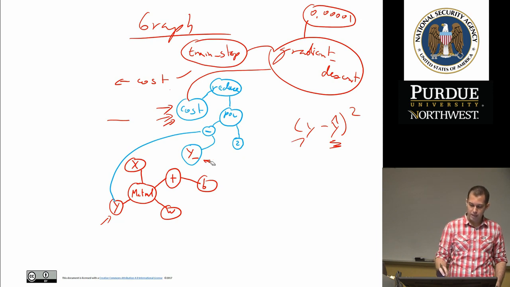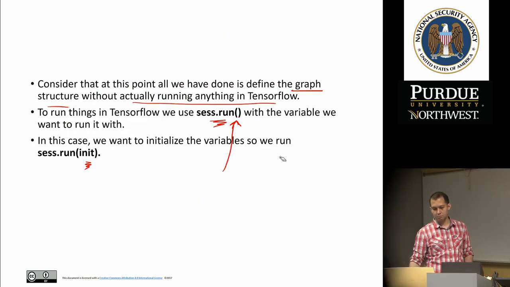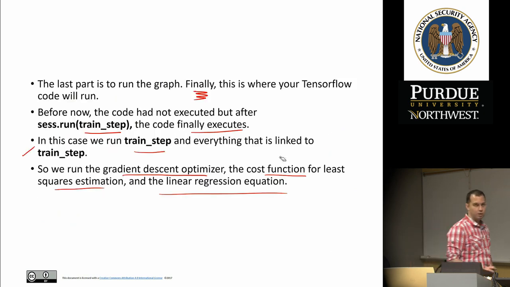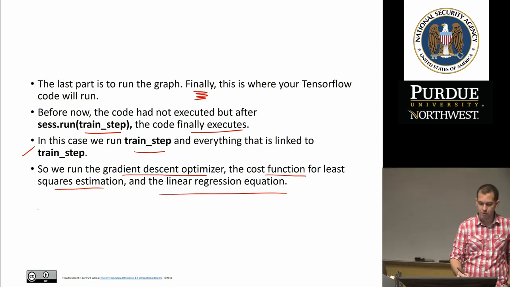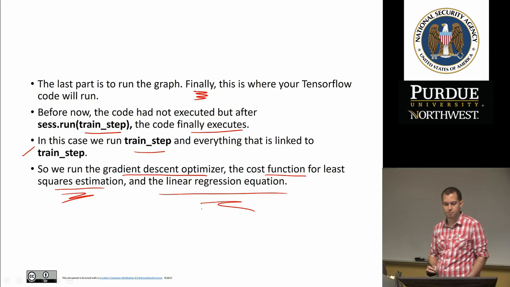So that is how this works. And finally, we are done. So here we run the gradient descent optimizer, the cost function for least squares estimation, and the linear regression equation.